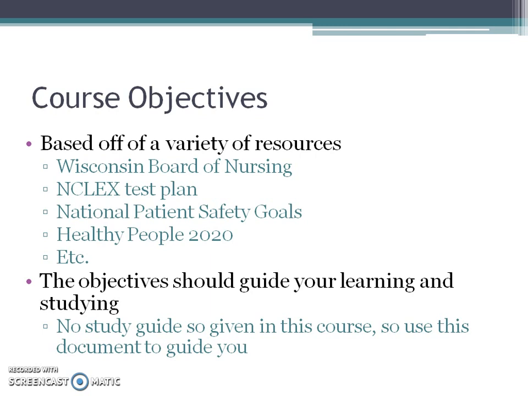We also base our objectives off of National Patient Safety Goals, Healthy People 2020, and there's a whole list in the syllabus as well. Okay, so the objectives really should guide your learning and studying in this course. No study guide is given in this course, so this is a really good document to kind of outline what information you should take away and really have a good understanding of.